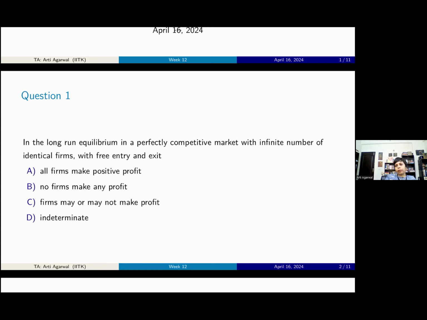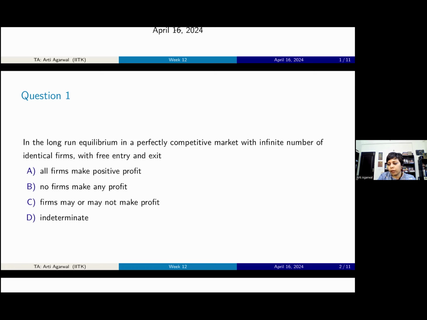Okay, so there's a whole discussion on this aspect of long run competition. The whole reason why I have specifically mentioned that they are identical firms, an infinite, meaning very large, number of identical firms, characterized by free entry and free exit, is because as long as there is some profit to be made in a market, so we say zero profit, maybe it's not zero, maybe it's a little bit more than zero, just enough for them to survive.